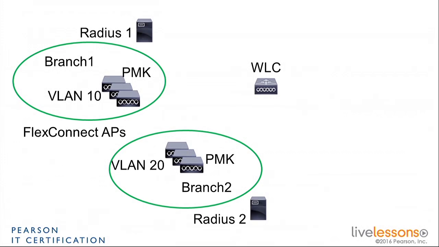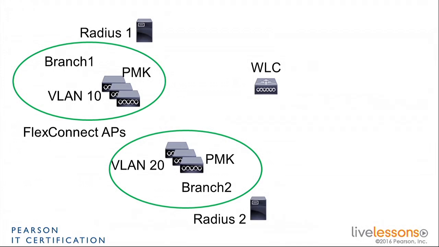So the trick to remember is that the PMK is sent by the controller. As long as at the time you associate the APs are connected to the controller, they will get your PMK. They may be disconnected after that, it doesn't matter, they already have it. But if at the time you associate the APs are not connected to the controller, they will not get the PMK, and therefore fast roaming will not work.